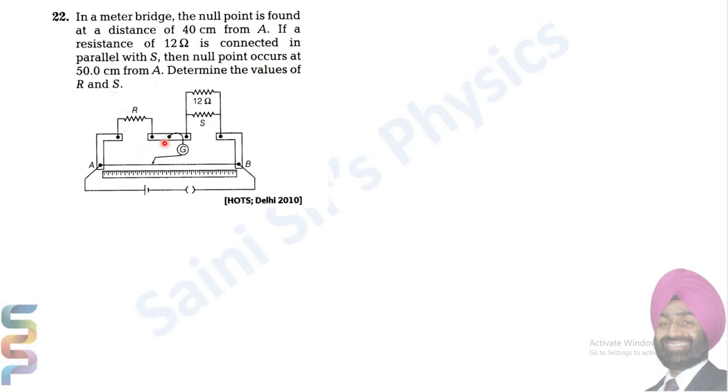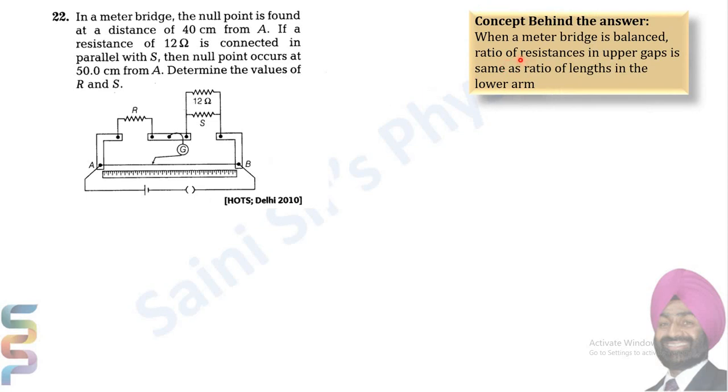So you got the question. When 12 ohm wasn't there, the balance point was at 40 centimeter. When 12 ohm is also connected in parallel across S, the balance point shifts to 50 centimeter. So the question is, find both R and S. When the bridge is balanced, the ratio of resistances in upper gaps is the same as resistances P and Q, which is equal to the ratio of lengths in the lower arm.